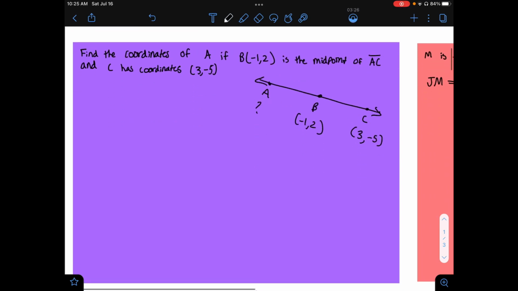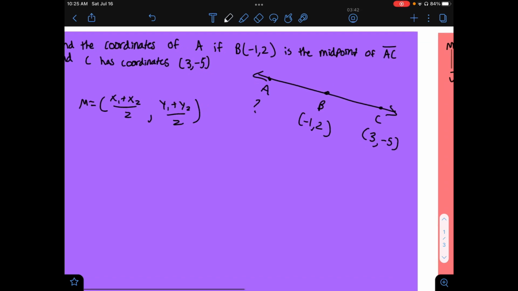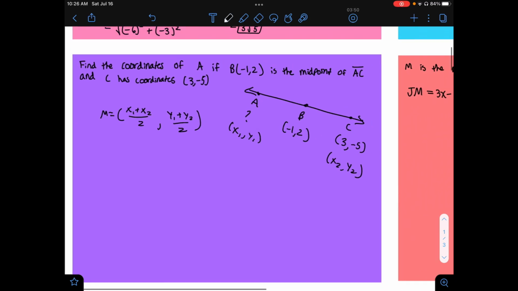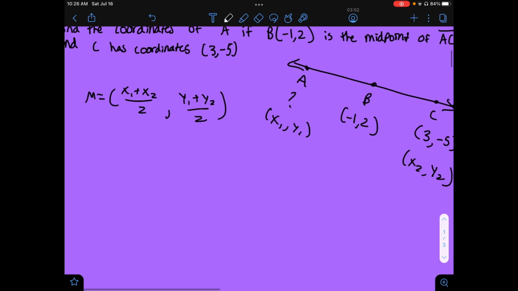So we're going to write out our midpoint formula: x1 plus x2 over 2, and y1 plus y2 over 2. So remember, B is our midpoint, and so here would be x1, y1, and this is x2, y2. So we're not going to use B yet, but watch here.